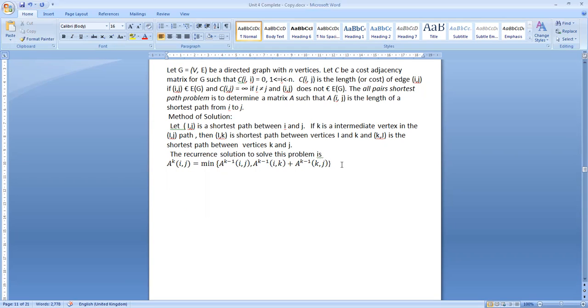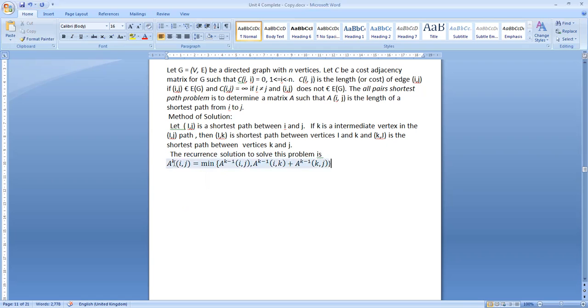So initially, if you are given a graph of three vertices, then k will take the values 1, 2, 3.